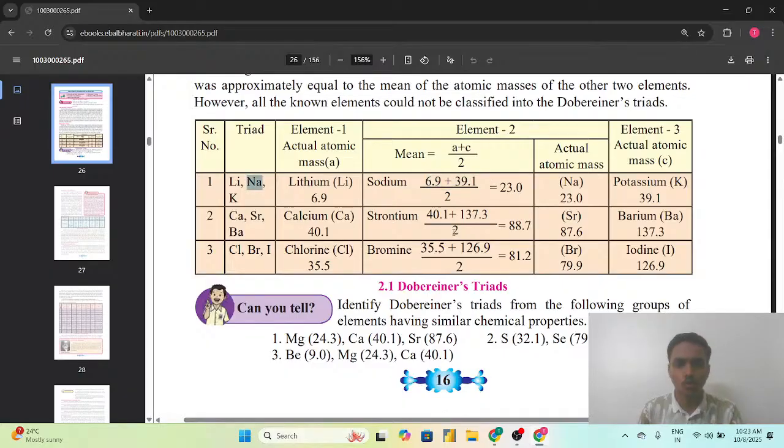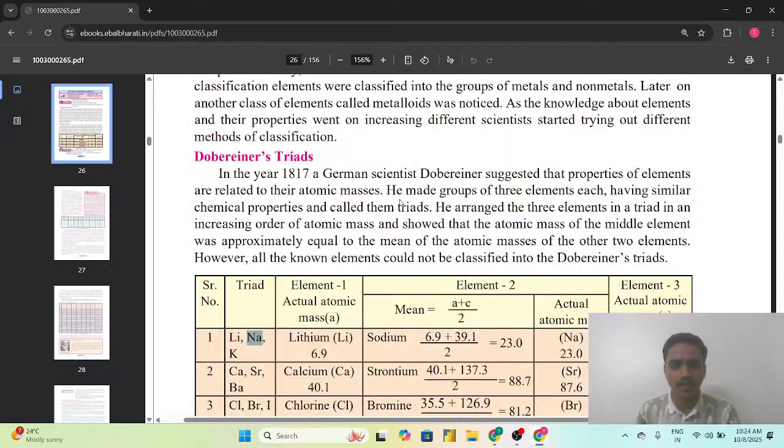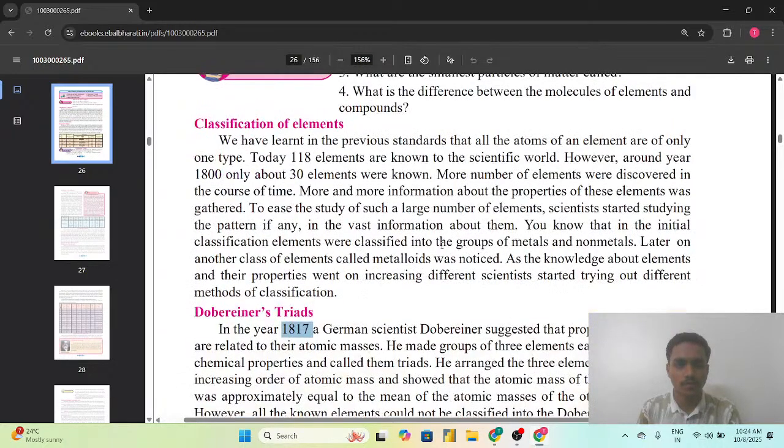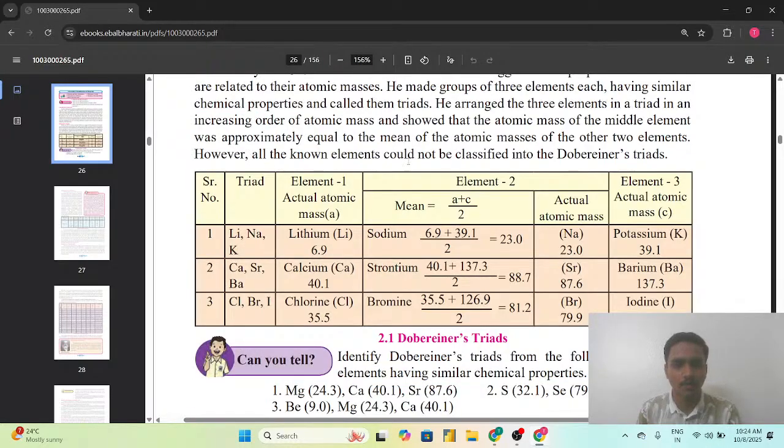He could not classify all the elements known at the time of 1817, as at the time of 1800 only 30 elements were known. So the drawback of Dobereiner was that he could not classify all the elements.